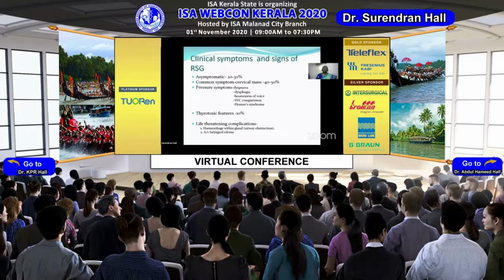What are the clinical signs and symptoms of retrosternal goiter? Retrosternal goiter may appear asymptomatic in 20 to 30% of the patients and may present as a slow-growing mass, which becomes evident as an incidental finding in the X-ray chest. Most common symptom is a cervical mass, which occurs in 40% of the patients with evidence of tracheal deviation.